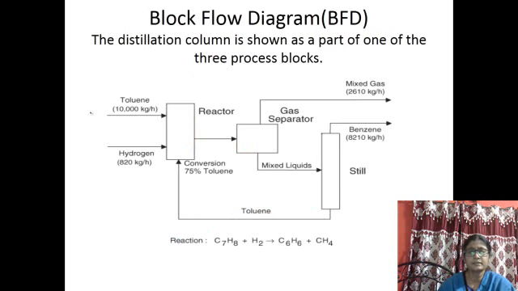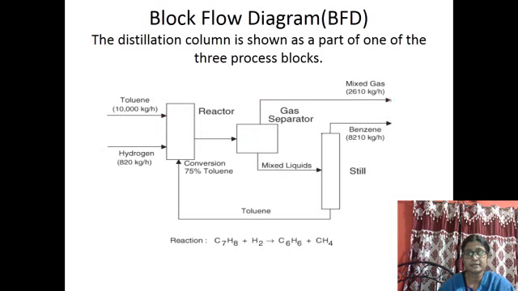So this is a block diagram for a distillation column, like a heat exchanger system. This is a distillation column. Two different fluids are there. There is a reactor, and this is the gas separator. So the low end fluid is separated from the top.